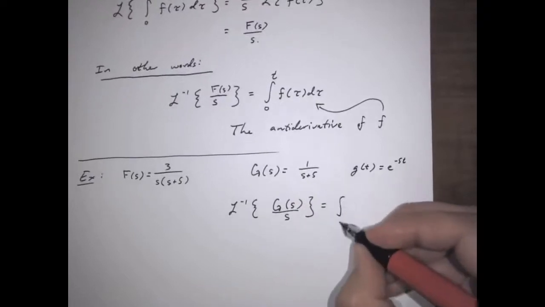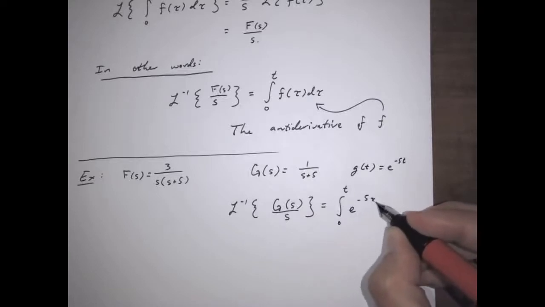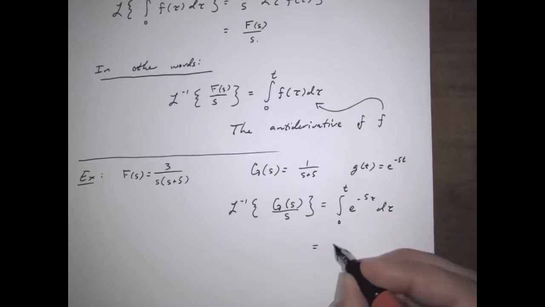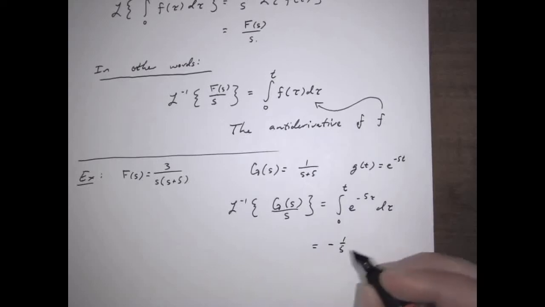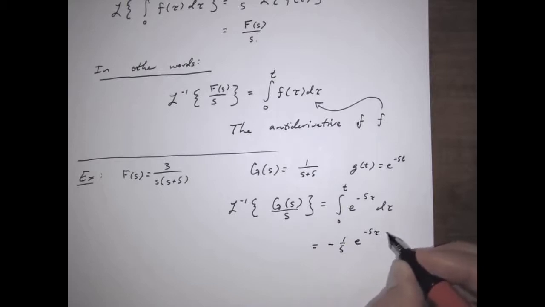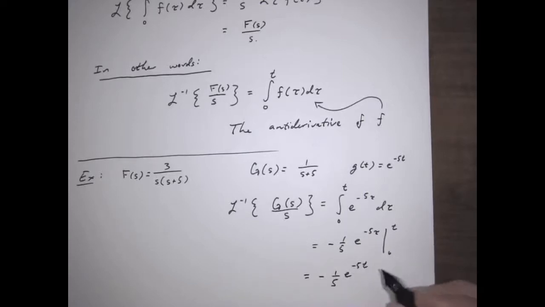So then this would be equal to the integral from 0 to t of e to the negative 5 tau d tau, which would be negative 1/5 e to the negative 5 tau. Plug in 0, plug in t: plugging in the t is going to be negative 1/5 e to the negative 5t, plug in the 0, and it's going to be minus negative 1/5, so in other words plus 1/5.